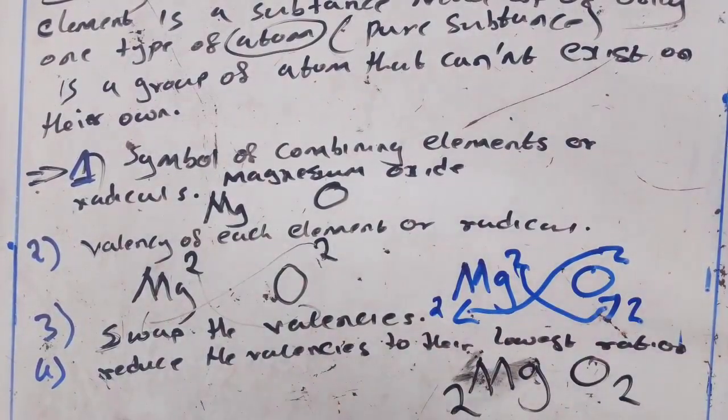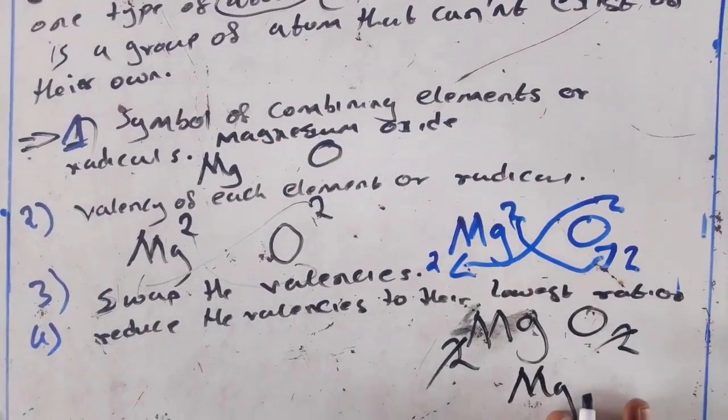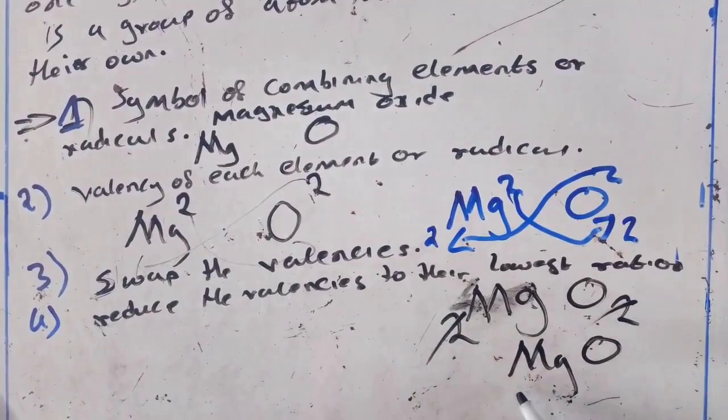So after this, we're now going to reduce these valences to their lowest ratio. Here you look for the number which can go into 2 and this 2 without leaving any remainder. We find that 2 can go into 2 without leaving any remainder, and this 2 and this will cancel. So we're going to have magnesium oxide like this.